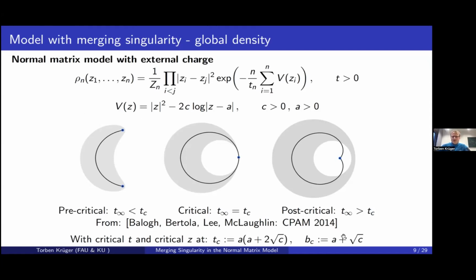And if you have T larger than the critical value, then you'll have the droplet enclosing the external charge, where you have no density. So the droplet is the gray piece in the picture. And then there's also a critical regime where these two things exactly touch here at this critical point.